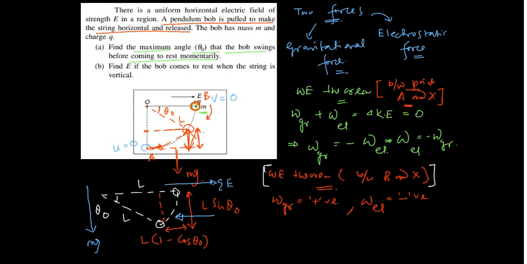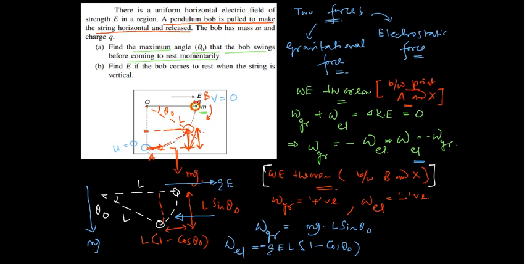So what is work done by gravity? That is simply mg into L sine of theta naught. What is work done by the electrostatic field? Tell me. That will be QE into L into 1 minus cos of theta naught, with a minus sign because it is negative.